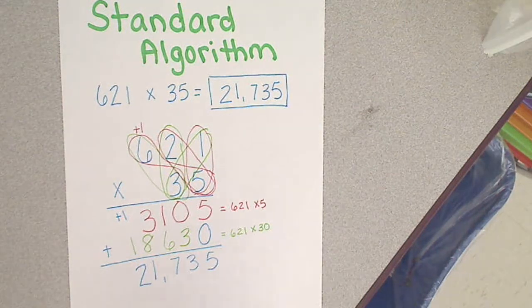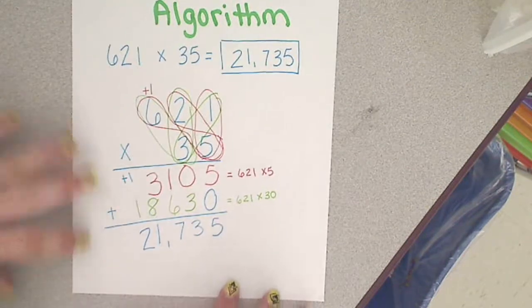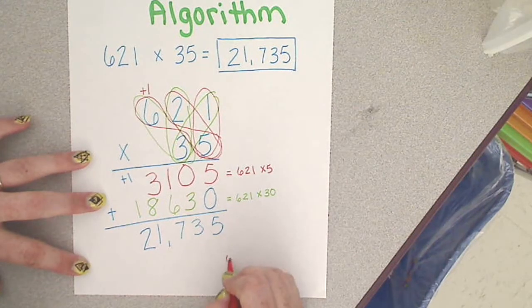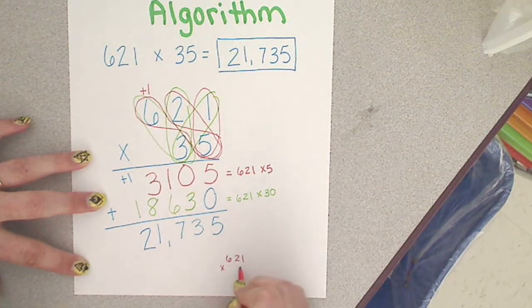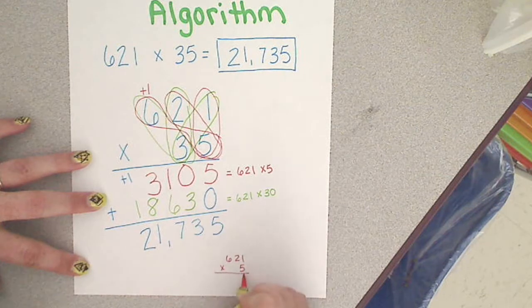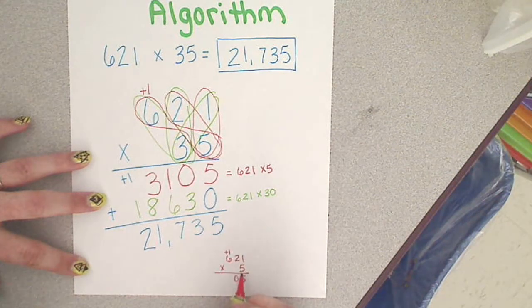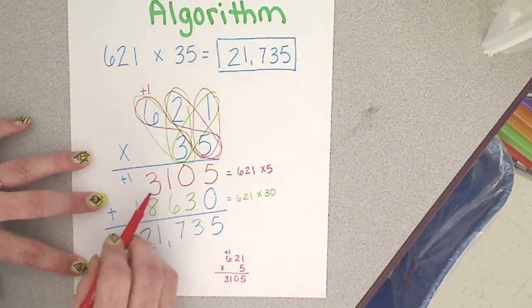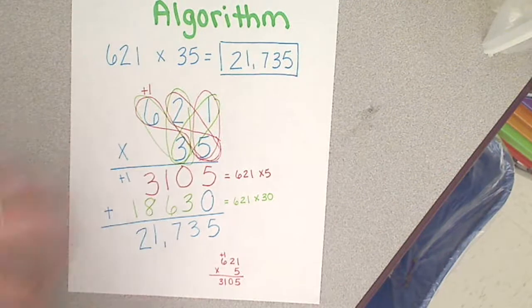So let's work that out so you can see the differences. I'm going to start with the 621 times 5, and I'm going to slide to the bottom of my paper here. So 621 times 5. 1 times 5 is 5. 2 times 5 is 10. 6 times 5 is 30. Plus 1 is 31. This number matches our first partial product.